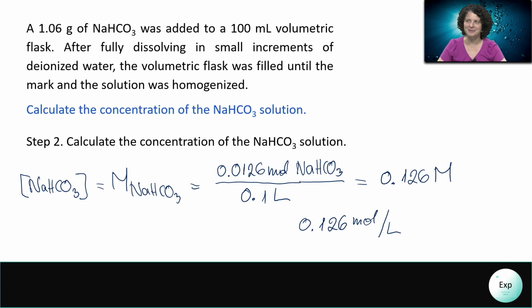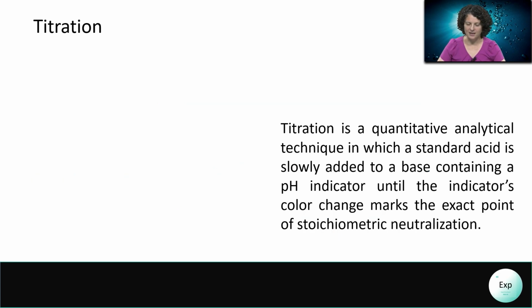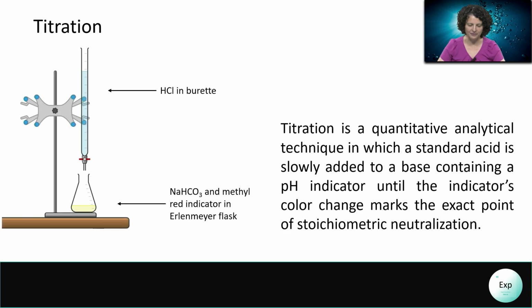We made a solution. Titration is a quantitative analytical technique in which we have a standard acid that is in the burette up here. In our case, that is hydrochloric acid, and we're going to slowly add this into an Erlenmeyer flask that contains our base.